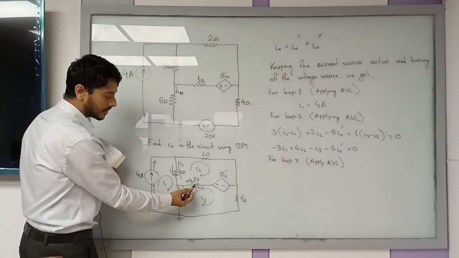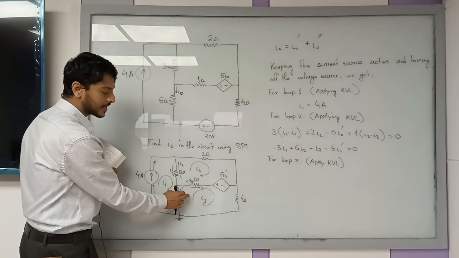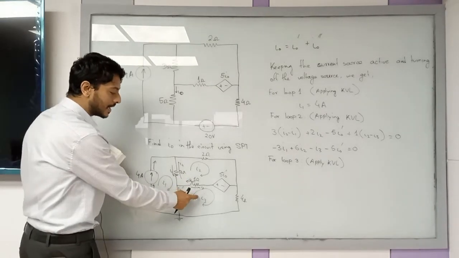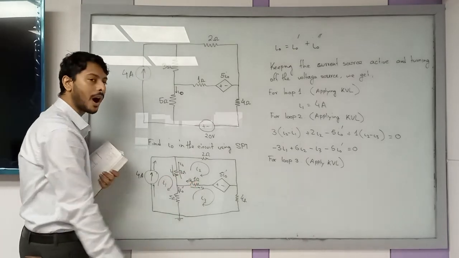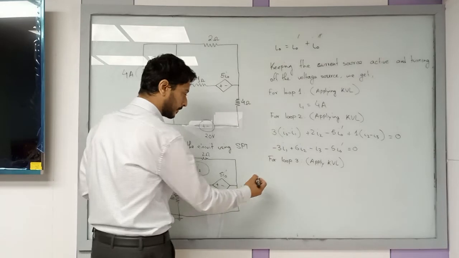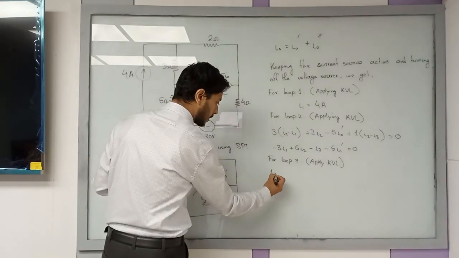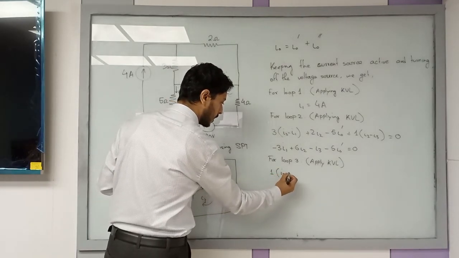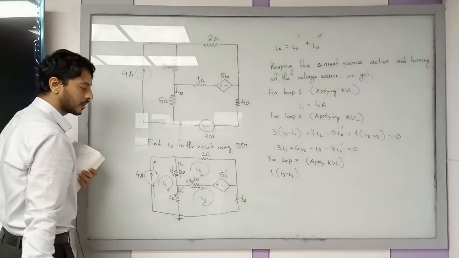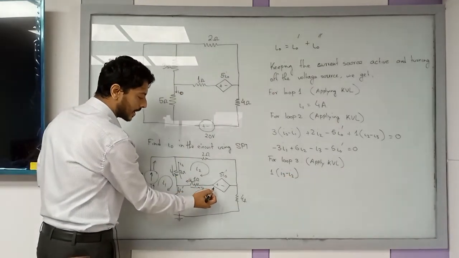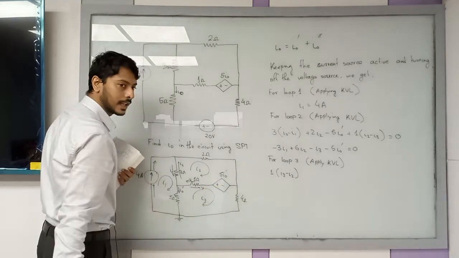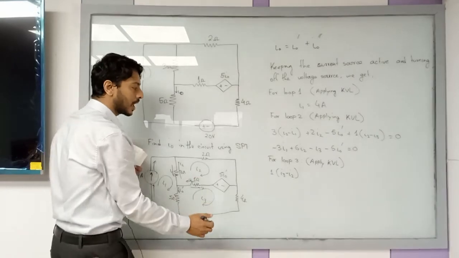Now this I3 current is bigger than this I2, so I3 minus I2 times 1 is the voltage drop across that 1 ohm resistor. So 1 times (I3 minus I2) is the voltage drop over here. And this current is entering the positive side and leaving the negative side, so this should be plus.